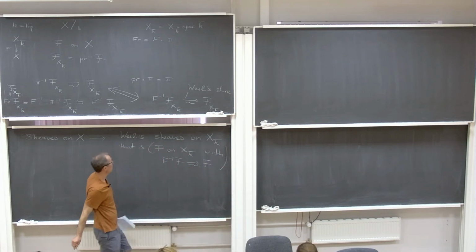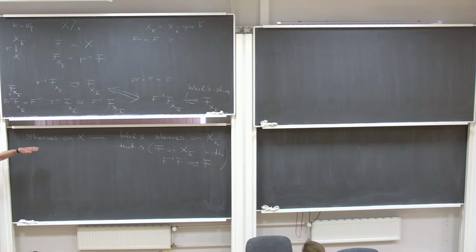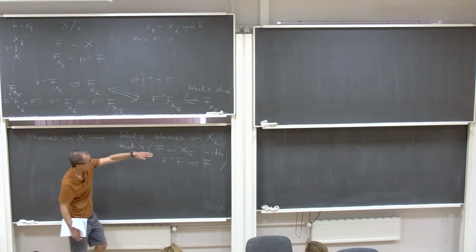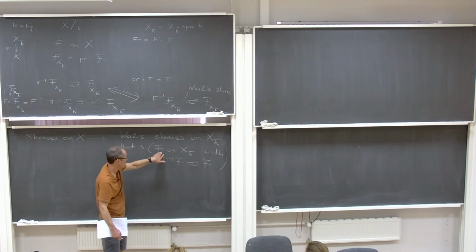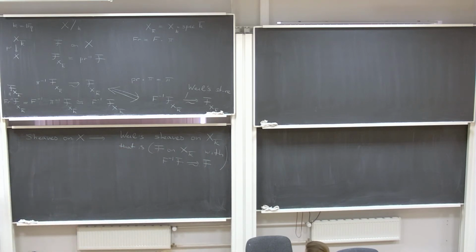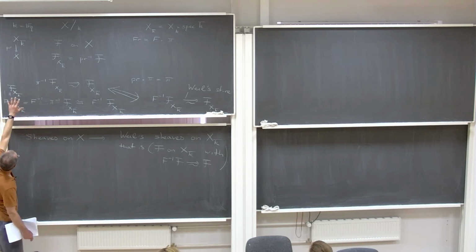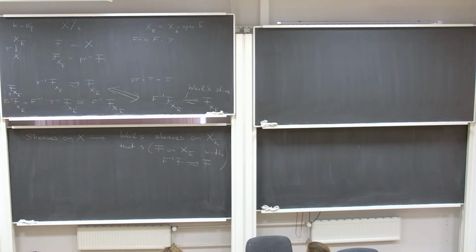Okay? So we have sheaves on X, and we have sheaves here which are covariant with respect to this geometric Frobenius map. So the construction just takes the sheaf here and takes its pullback under the projection map. Okay?